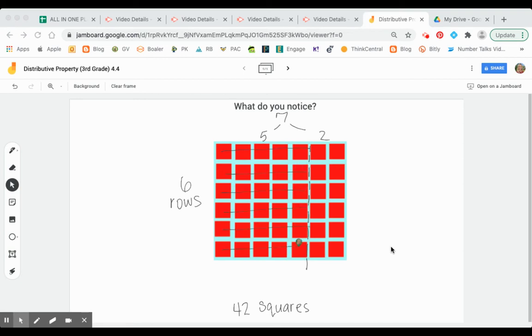So if we did 6 groups of 5, and then maybe you were like, well, then I just had 6 groups of 2 after that. 6 groups of 2. So there's 2, 4, 6, 8, 10, 12. So plus the 6 groups of 2. And we know that that was 30 over here, and then 12 over here, and 30 plus 12 equals 42.